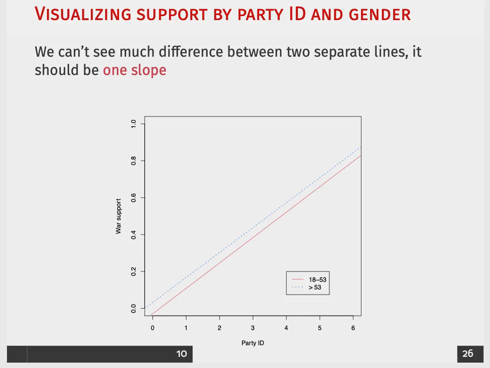Now, we certainly may want to still have an additive effect, though we found last time that that also was not statistically reliable. And so we might really want to question the way that we're modeling age with regard to support for the war.